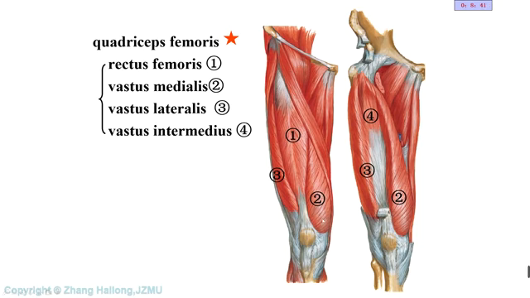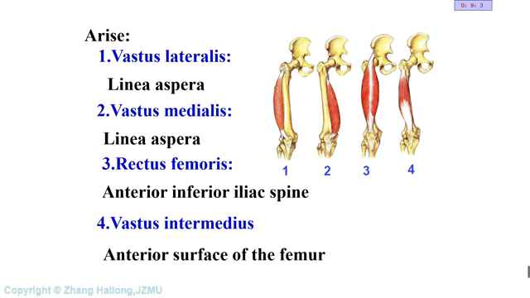Second one, vastus medialis, on the medial side. Third one, vastus lateralis, on the lateral side. And fourth one, vastus intermedius. When you cut off the rectus femoris, under it you can see the fourth one, vastus intermedius. It's four muscles.